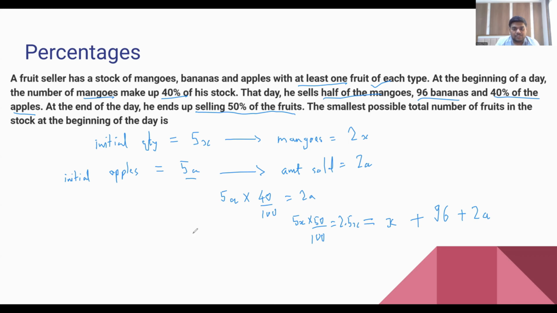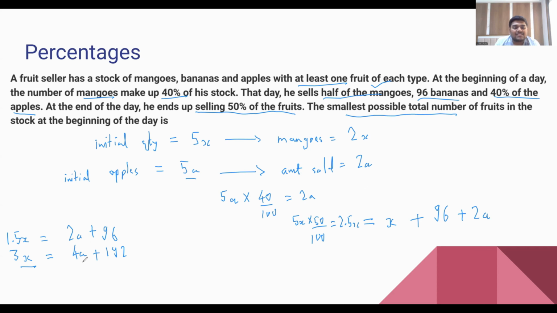So doing the subtraction and multiplying both the sides by 2, initially doing the subtraction gives you 1.5x is equal to 2a plus 96. And doing the multiplication by 2 gives 3x is equal to 4a plus 192. Now, what are you asked to do? Smallest possible number of total number of fruits. It means you have to minimize x.